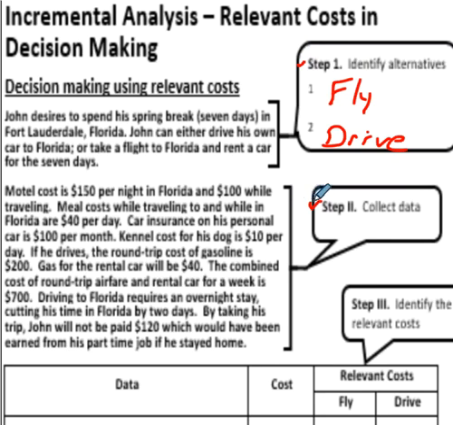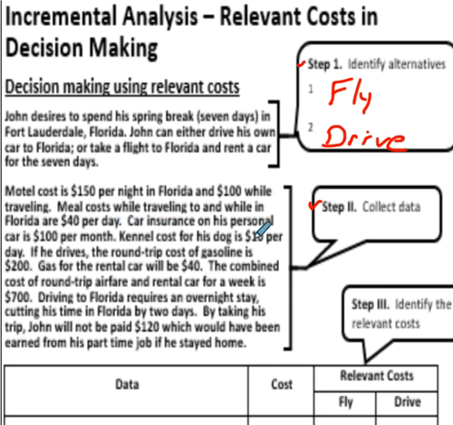Motel cost is $150 a night in Florida, and when we're traveling down to Florida, it's going to cost us $100, and that would be if we're driving the car, obviously. Now, meal cost while traveling to and while in Florida is $40 a day, no matter whether we're in Florida or traveling.